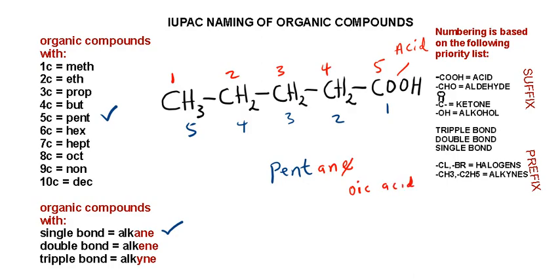Writing it out in full, it now becomes pentanoic acid. It becomes what? Pentanoic acid. So pentanoic acid is the real name of this organic compound.